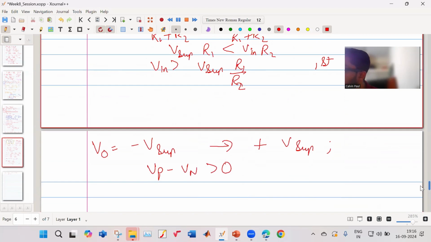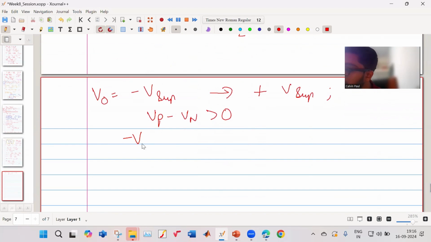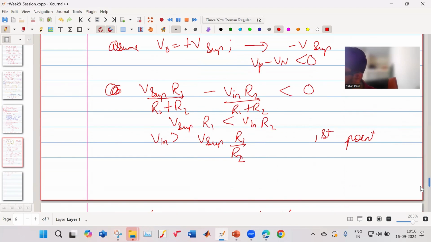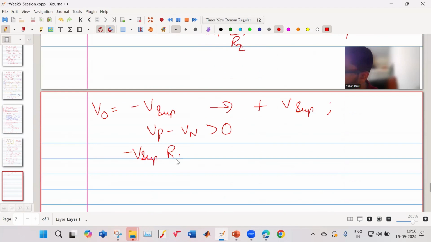That means your minus V supply into R1 by (R1 plus R2) minus V input into R2 by (R1 plus R2) must be greater than 0.